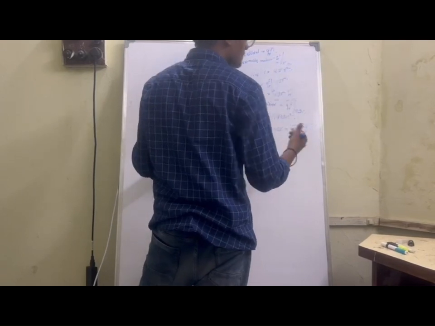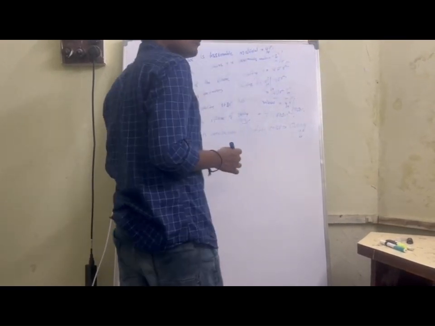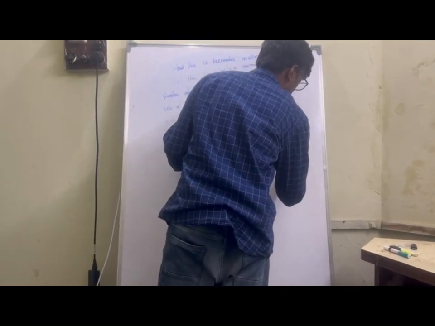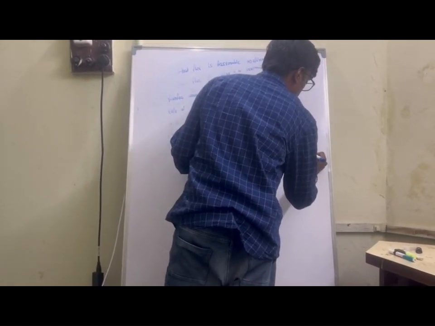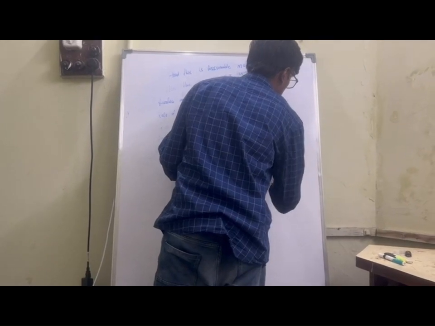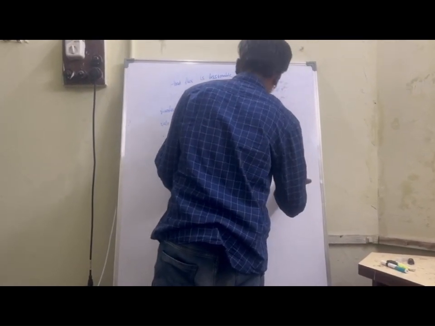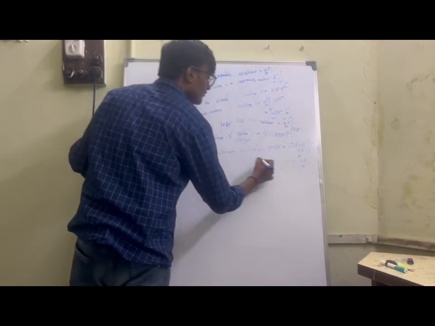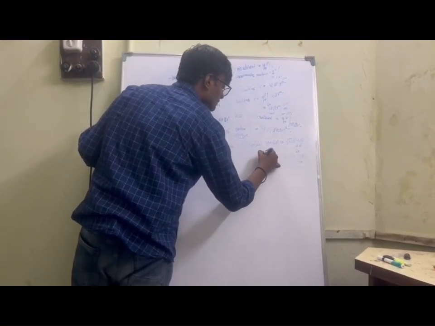Delta r is negligible, so we consider only r, which is 4 pi r square QRF, which is equal to the Sn.